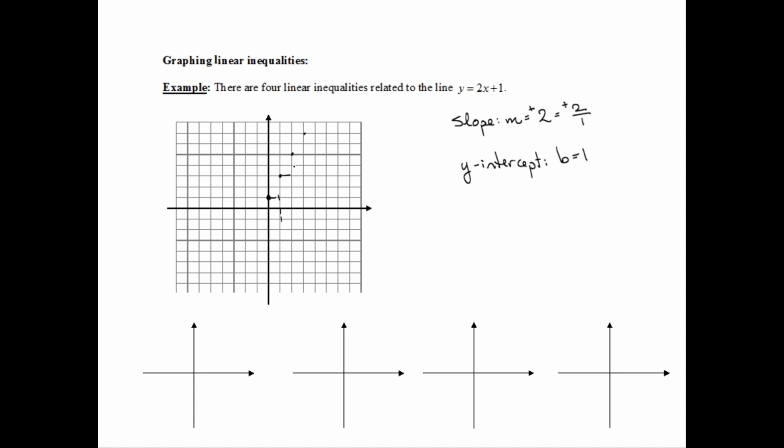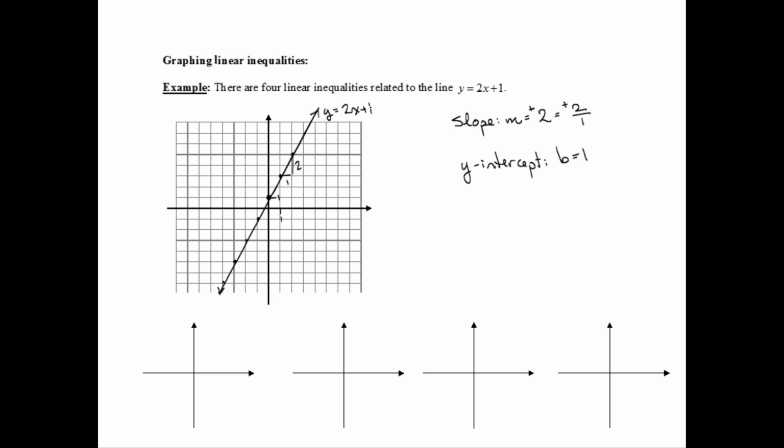In other words, 2 to 1. Sometimes that's called rise over run, if that helps you remember it. So we draw our line. And so this is the line y equals 2x plus 1.